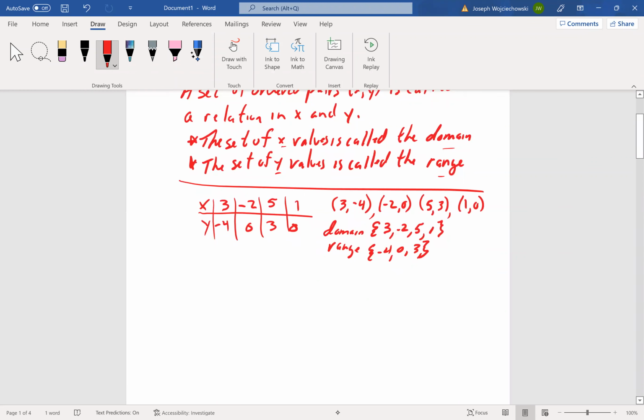So that brings us to the thing that we're really going to be dealing with in this class. Talk about a function.